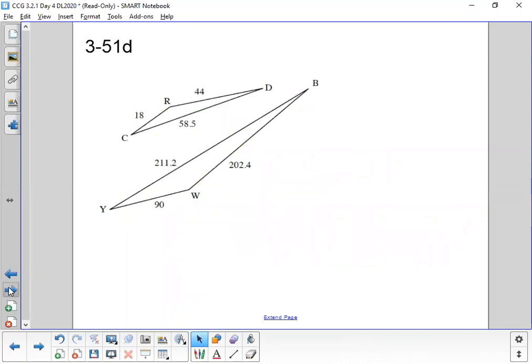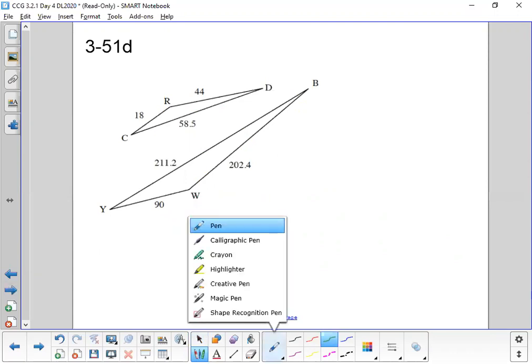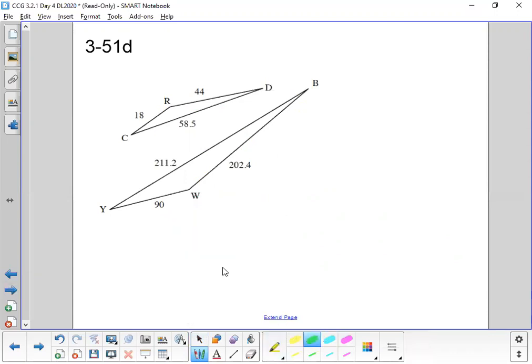Okay, next one. I do not have any angles marked, whether marked by having a number or marked by having a congruent symbol. None of them are marked, but let's just take a look and see what's going on with the side lengths. Maybe that'll tell me enough about the two triangles. Okay, so I've got my shortest side here, which is 18, and that's going to go with my shortest side here, which is 90.